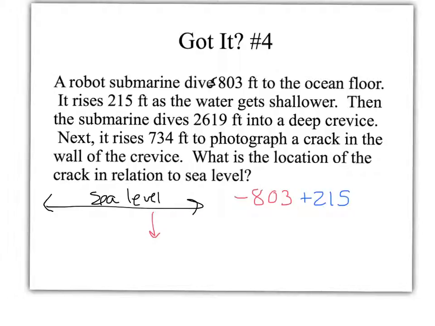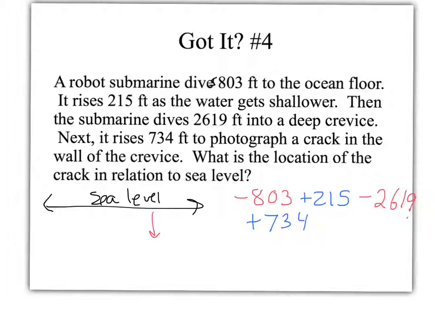Then the submarine dives another, so that's a negative 2619, into a deep crevice. Next, it rises, so add on 734 to photograph a crack in the wall of the crevice. What's the location of the crack in relation to sea level?